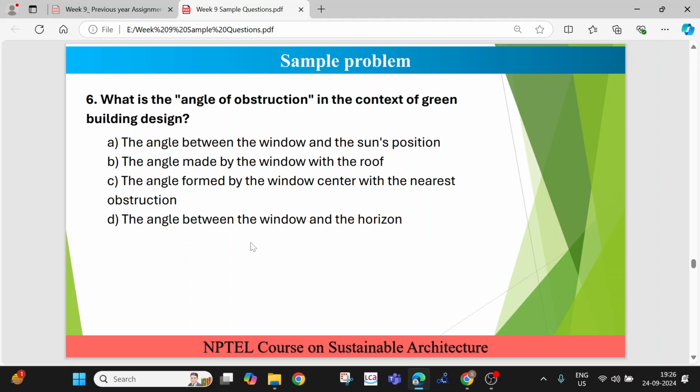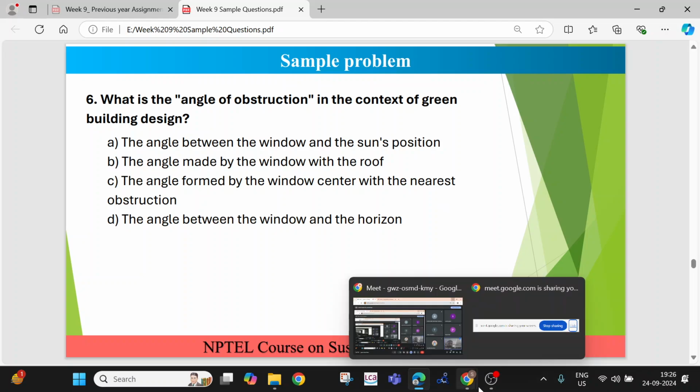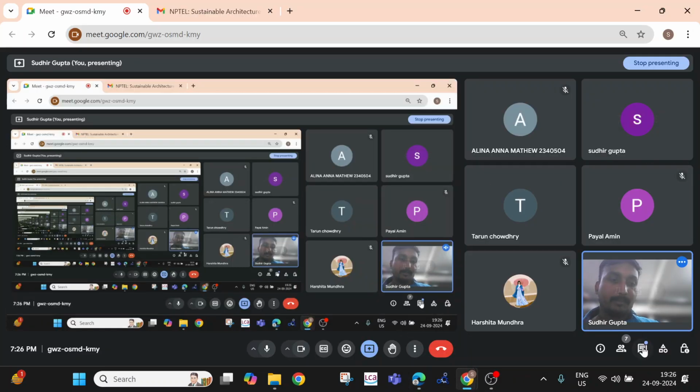These options are a bit tricky, but I hope you will choose the most appropriate answer out of the four. Angle of obstruction, when you are designing windows or setting overhangs, in the context of green building design, you can answer it correctly. Let me see how many of you answered correctly.